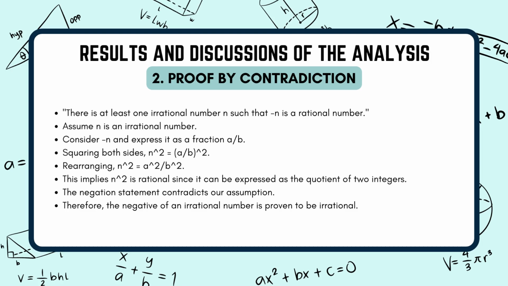Rearranging, n power of 2 equals a power of 2 over b power of 2. This implies n power of 2 is rational since it can be expressed as the quotient of two integers. The negation statement contradicts our assumption. Therefore, the negative of an irrational number is proven to be irrational.